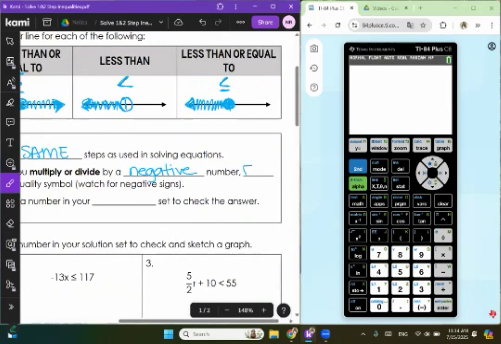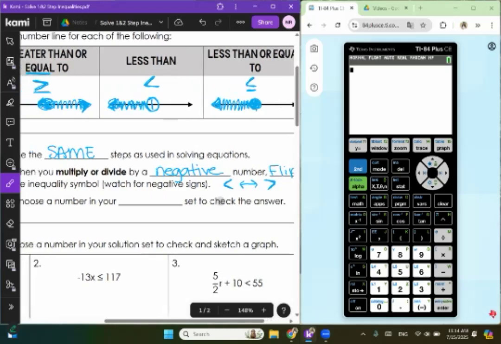You're going to flip the inequality symbol. So you would go from less than to greater than. Just going to flip it. Okay. And you can always choose a number in your solution to check the answer.